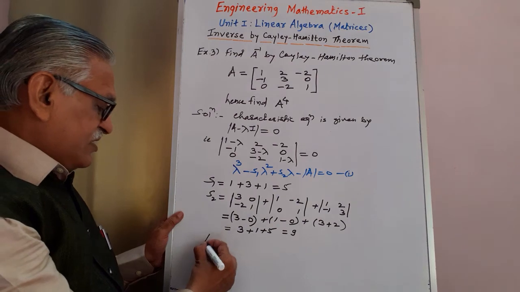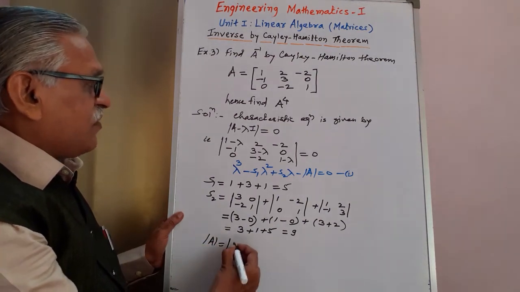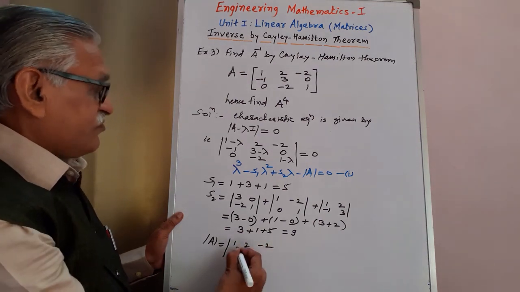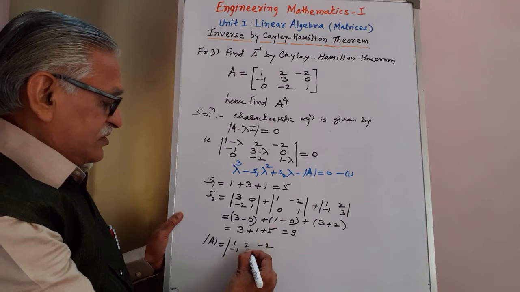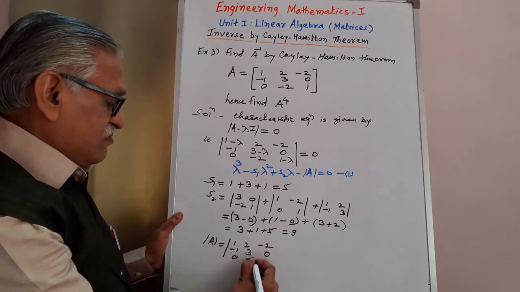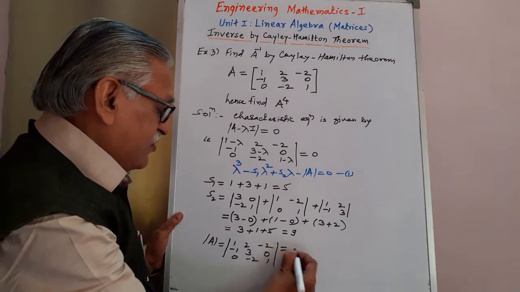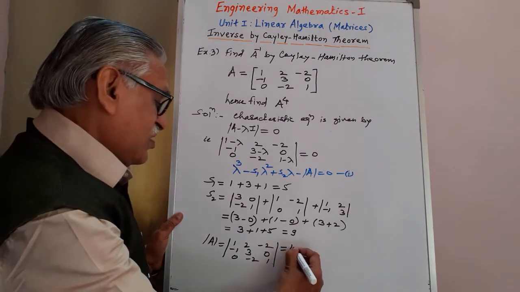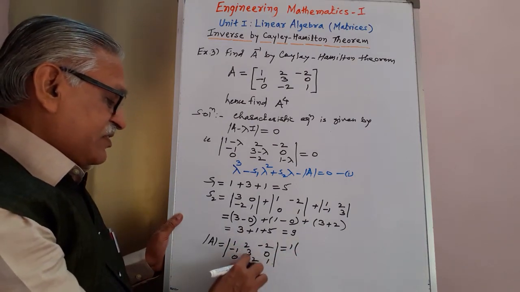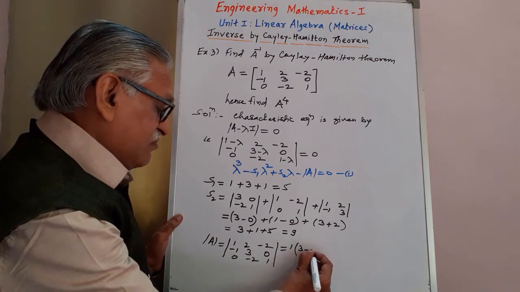And then the last, determinant of A. It is determinant of 1, 2, minus 2, minus 1, 3, 0, 0, minus 2 and 1. And therefore it is equal to 1 into, neglecting this row and the column, determinant of the remaining 4, the value is 3 into 1, 3, minus 0.